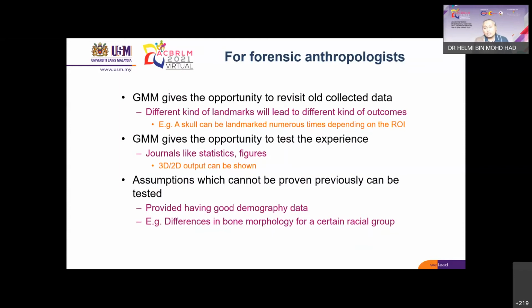And when you revisit old data, you can come up with all kinds of measurements based on the same data, based on whichever region interests you. For example, a skull can be landmarked a lot of times, depending on the region of interest. I can have one skull. I can measure the pointedness or the angle of the mandible as one part.